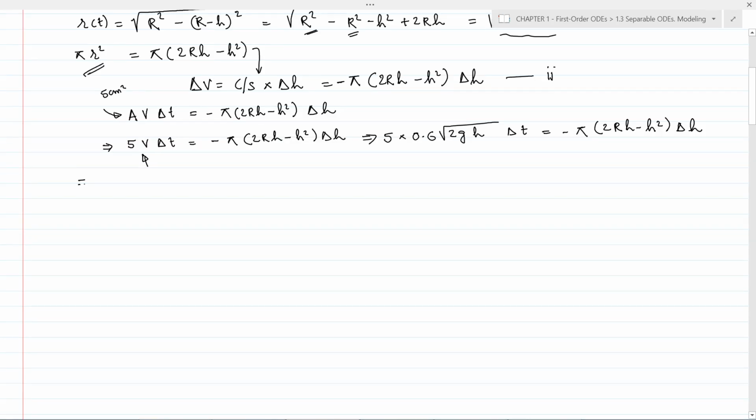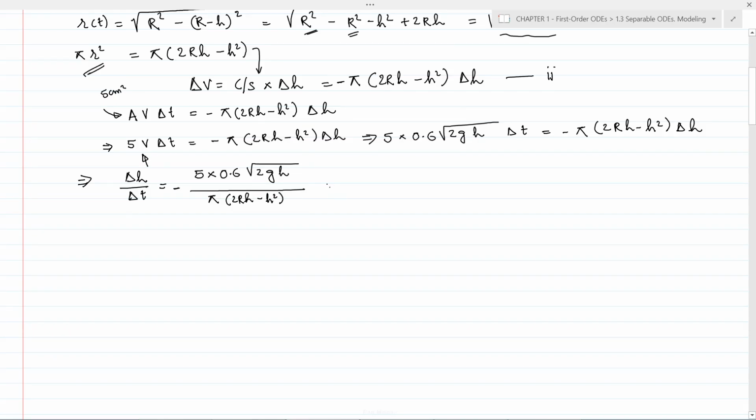This implies delta h by delta t equals 5 multiplied by 0.6 square root of 2gh divided by pi (2Rh minus h squared), with a minus symbol here.